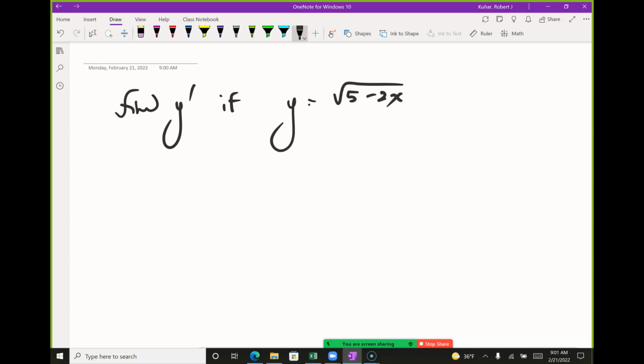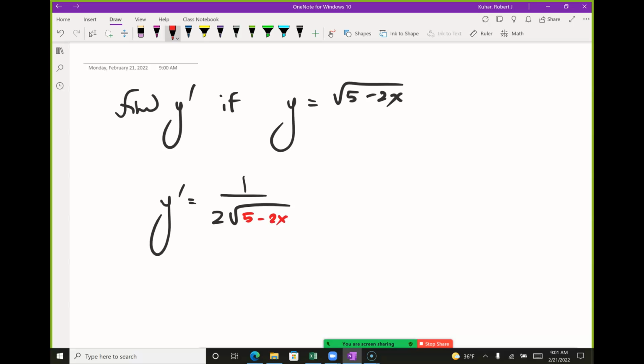So my outside function is a square root function, yeah? So I know that the derivative of a square root function is 1 over 2 square roots, right? But I want to keep the cat in the box, right? So what was originally in the box is 5 minus 2x, right?